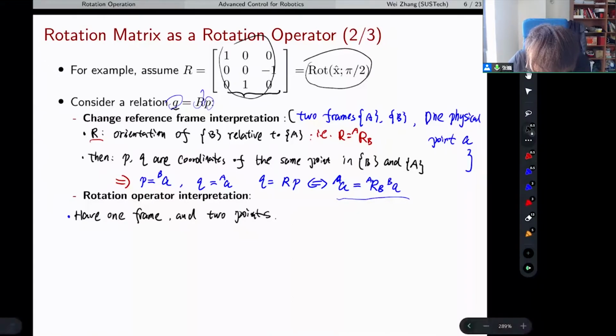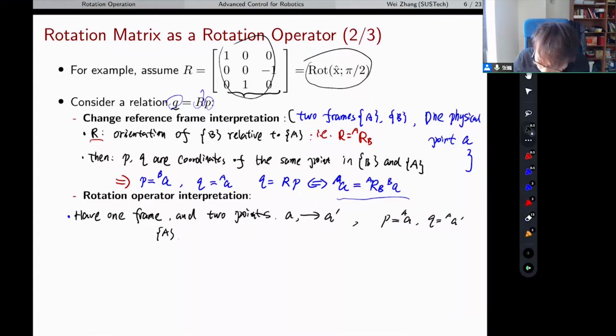Let's say these 2 points are in the same frame. Let's say we have A and A prime, two points, and one frame, let's just call it A. So P and Q: P will be my A in A, and Q would be my A prime in A.